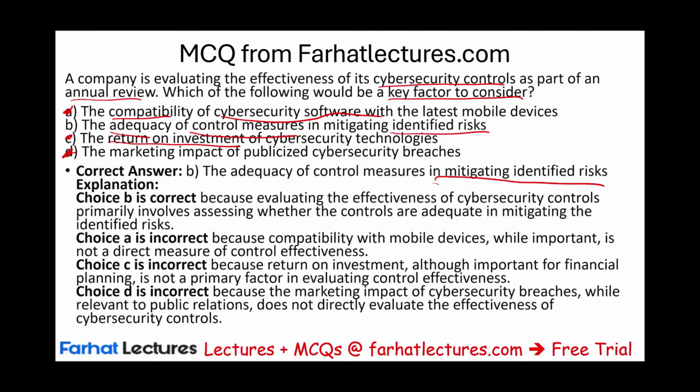Because by evaluating the effectiveness of cybersecurity controls, we're looking at everything, at the whole picture, mitigating identified risks across the board, not only about software with the latest mobile technology. And that's why it's better than A, and the other two are not as good, for the reasons I explained.